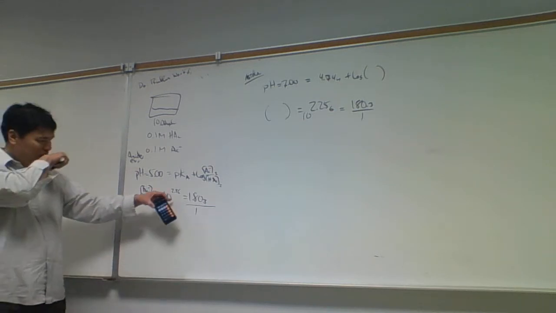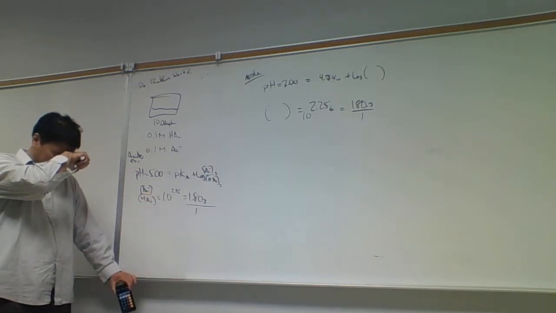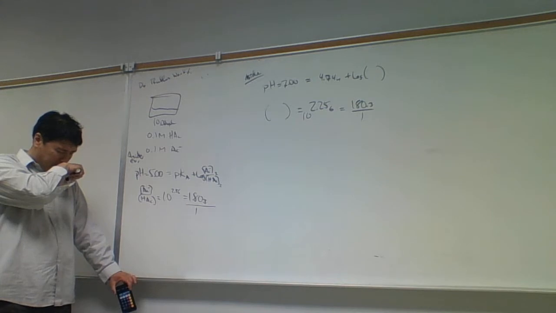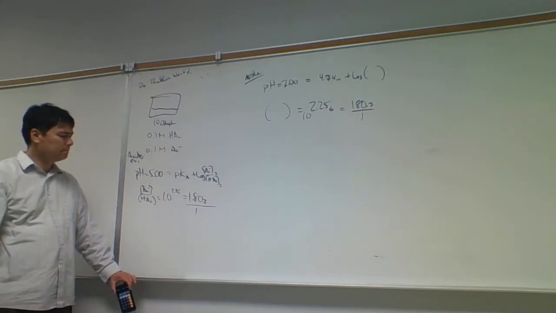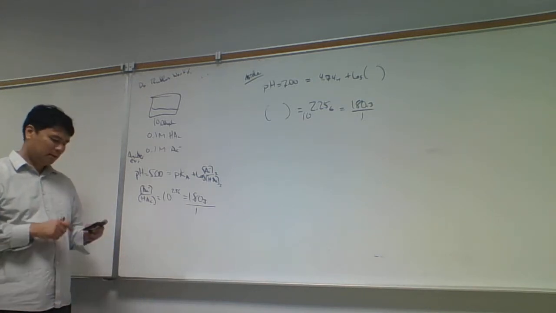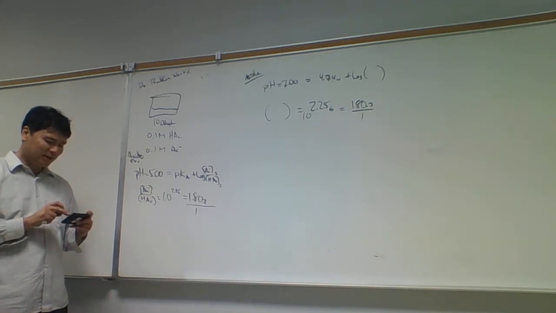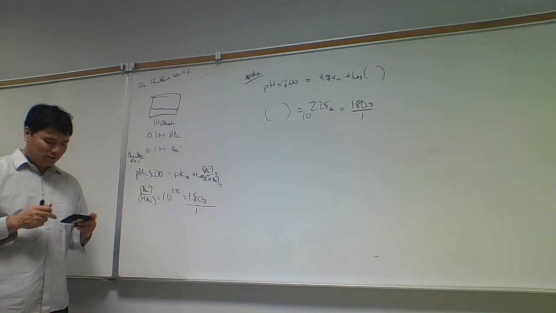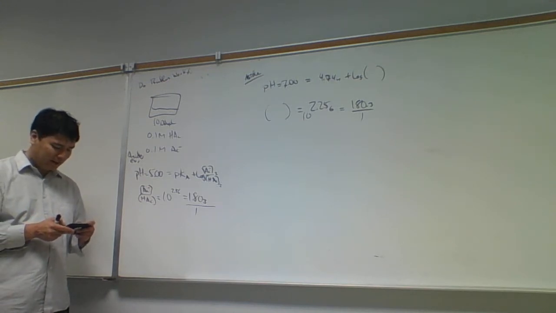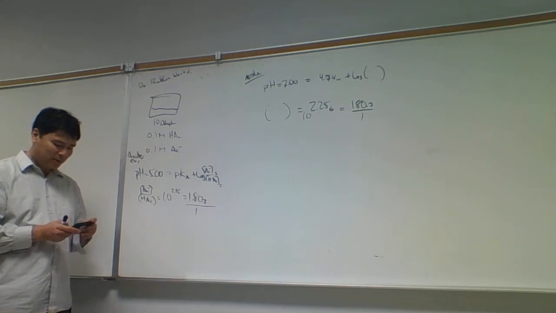Where did I get this 2.56 from? That's the problem with doing it with calculations without even thinking. This is why sometimes I like to do it in my head. But that was supposed to be 5 minus 4.74. I must have miskeyed it in my calculator.